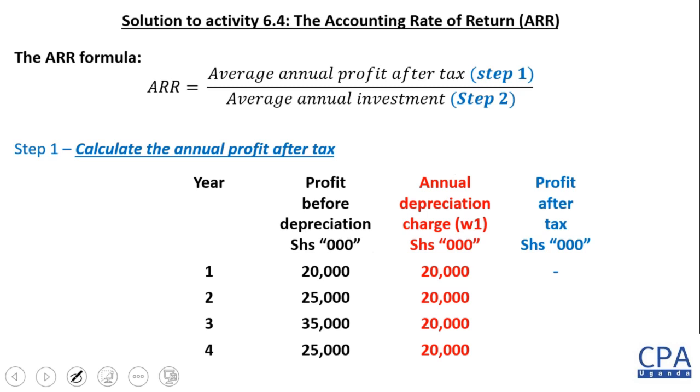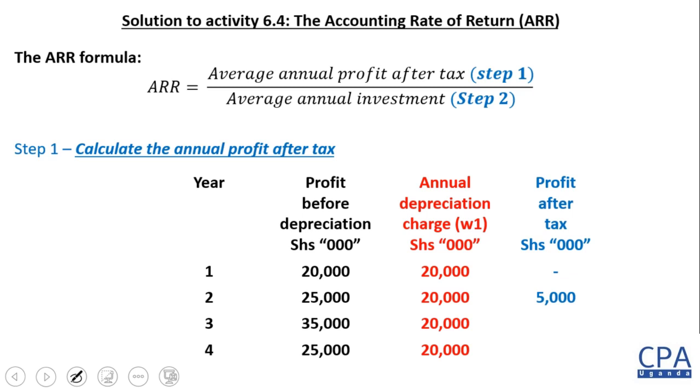So I'll put the 0 in the column for profit after tax under year number 1. Next, if I get 25 million minus the 20 million, definitely that is going to give you the 5 million. You can check with your calculators. I'll put 5 million under profit after tax for year number 2.